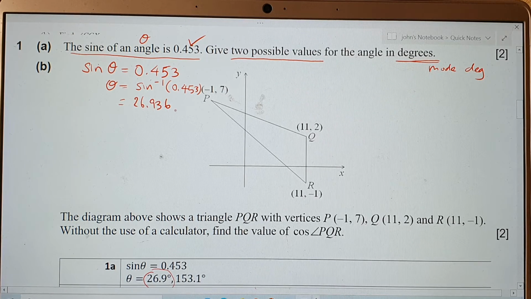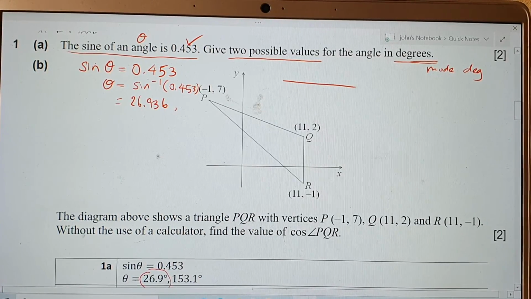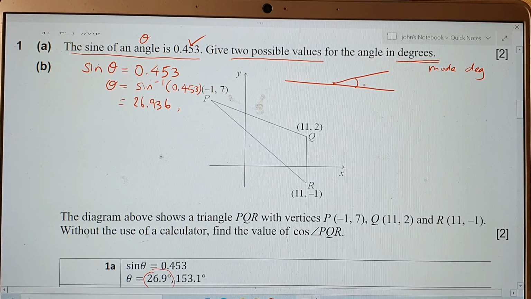But as we mentioned in class, this acute angle, 26.936, is adjacent to another angle.